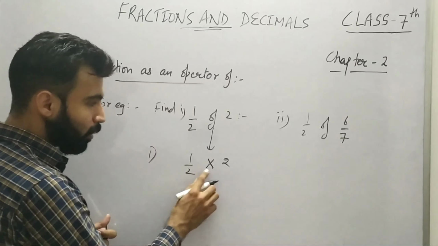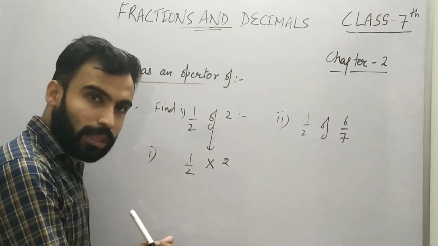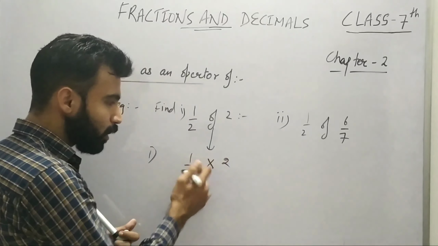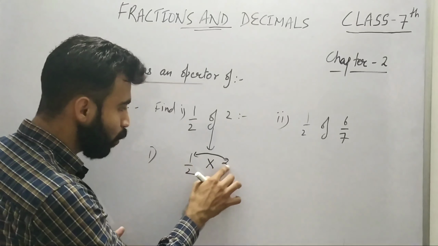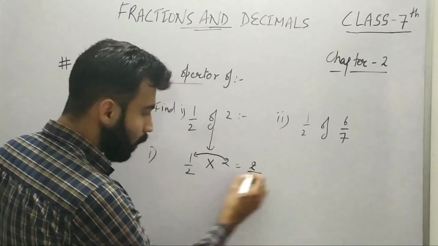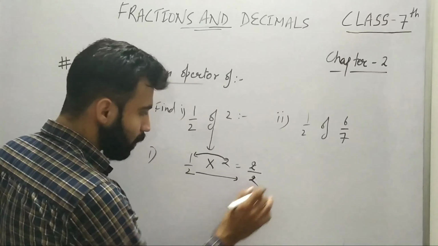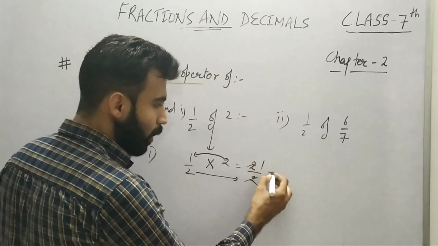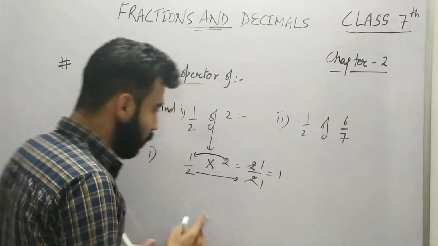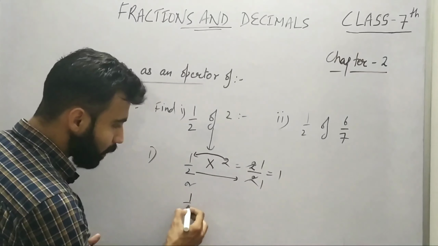So we have to solve 1/2 into 2. Now I previously told you how to multiply a whole number with a fraction. Just simply multiply this whole number by the numerator of the fraction. So 2 into 1 that is 2, and keep the denominator as it is, 2. So there are two methods: 2 by 2 is resultant equal to 1. But you can also solve it like this.